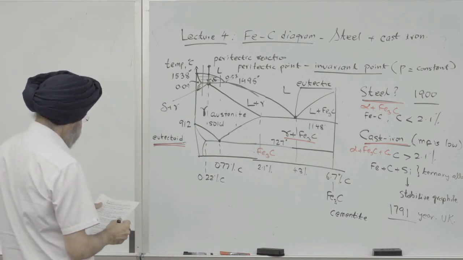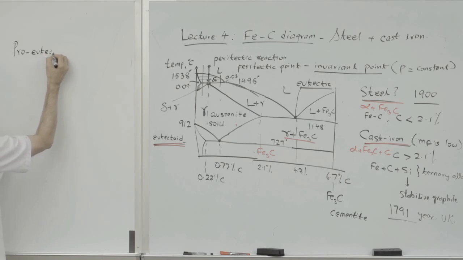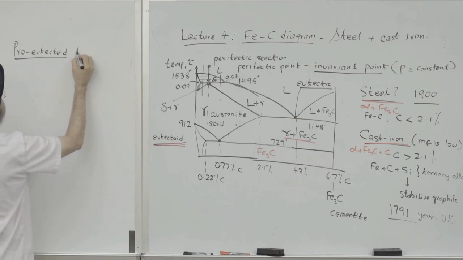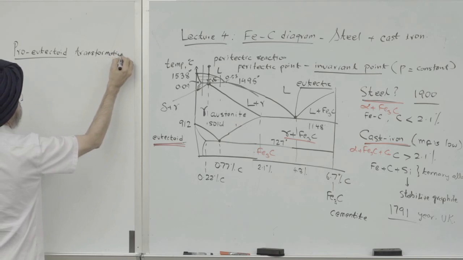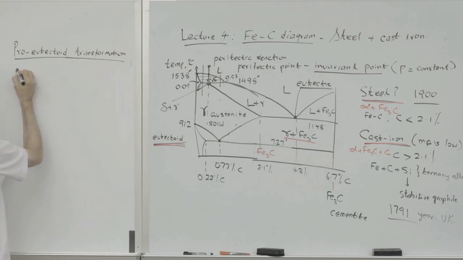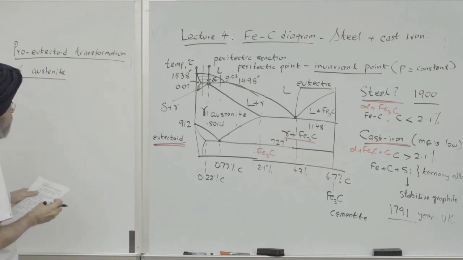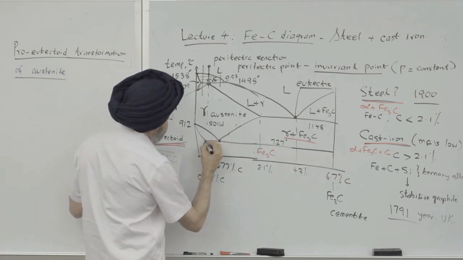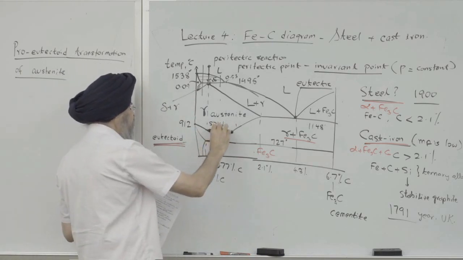So I'll be using a term called pro-eutectoid transformation of austenite. What that means is, this is the eutectoid line, so pro-eutectoid means before eutectoid.